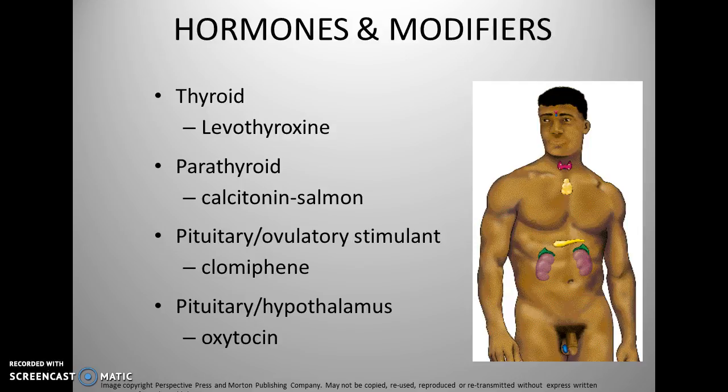These substances control and influence a selected organ or set of organs to produce an effect. The master gland is the pituitary gland, because it regulates the activity of the entire endocrine system.